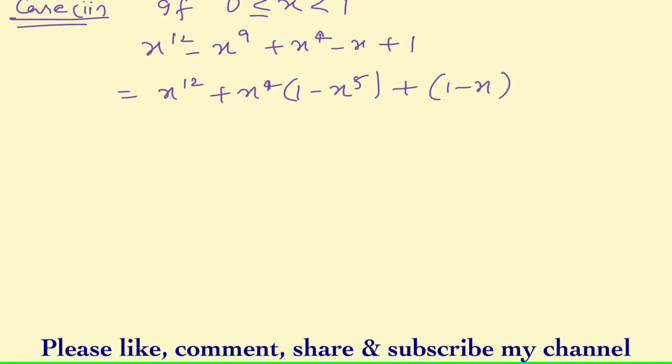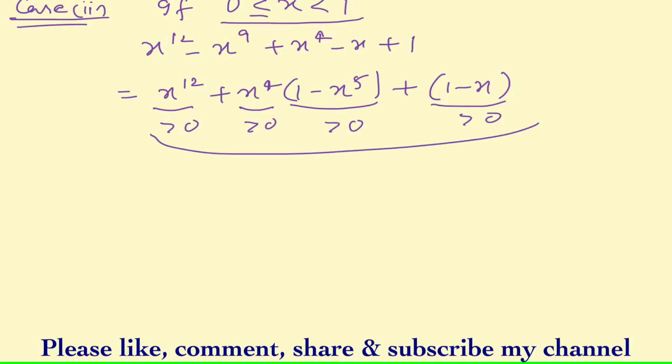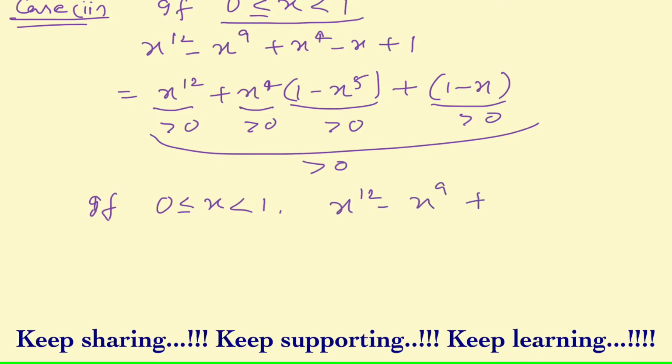When x is greater than or equal to 0 and less than 1, this will be positive, x is greater than 0 so this will also be positive, and this will also be positive. So this whole thing will be positive. That means if x is greater than or equal to 0, less than 1, then x to the power 12 minus x to the power 9 plus x to the power 4 minus x plus 1 will be greater than 0.